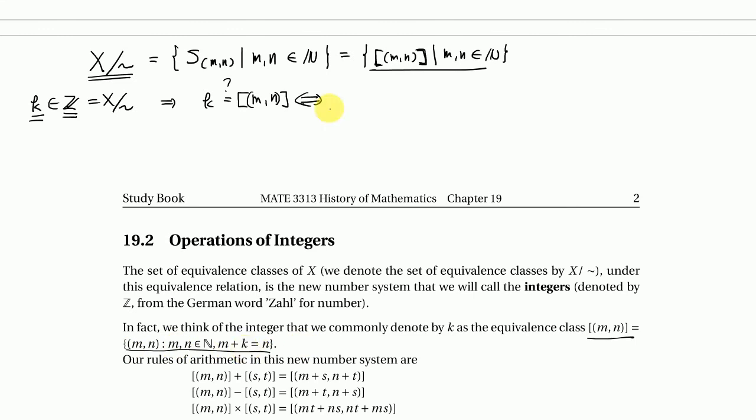This k is the notation for that equivalence class, and that equivalence class is a collection of those ordered pairs, where m and n are natural numbers and m plus k becomes n. So that k came from this difference between m and n in an ordered way.